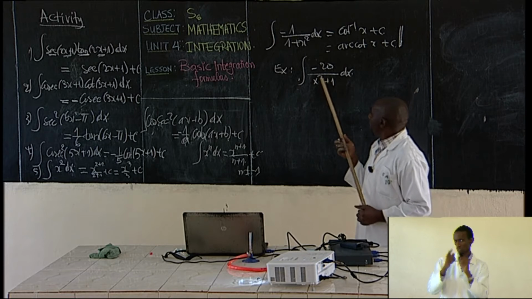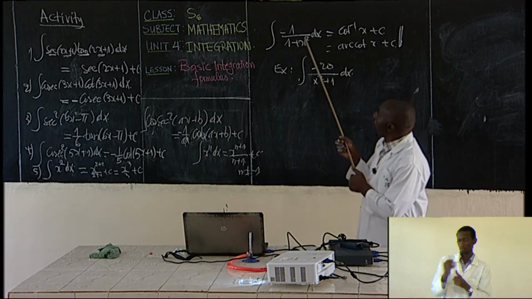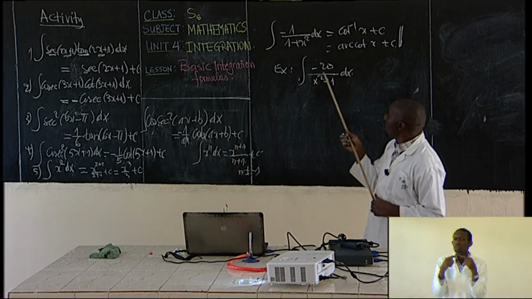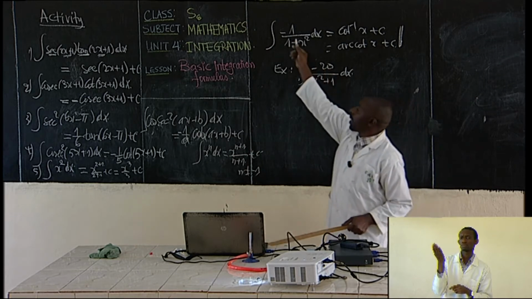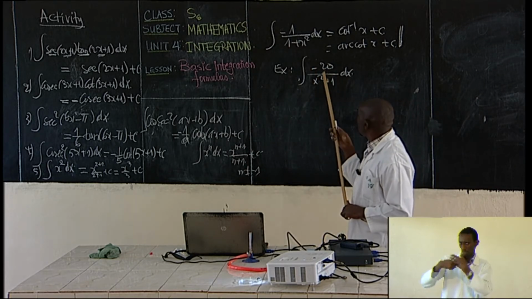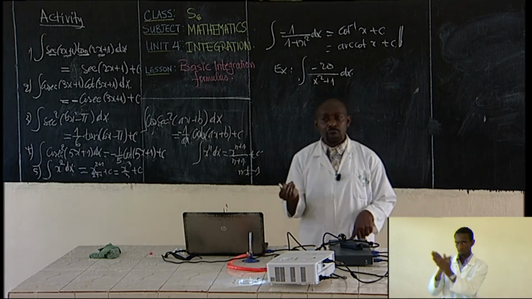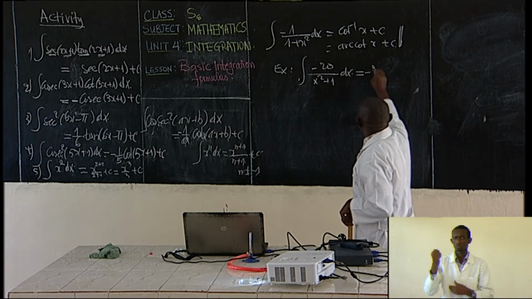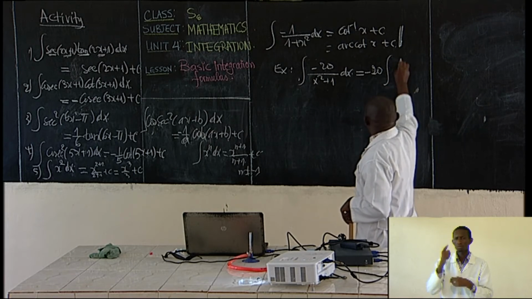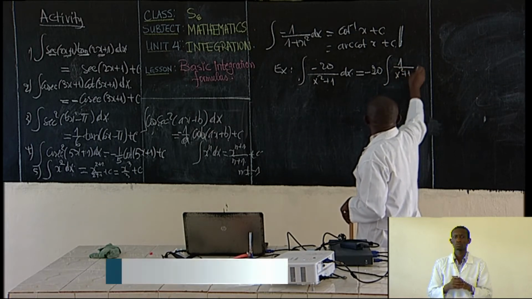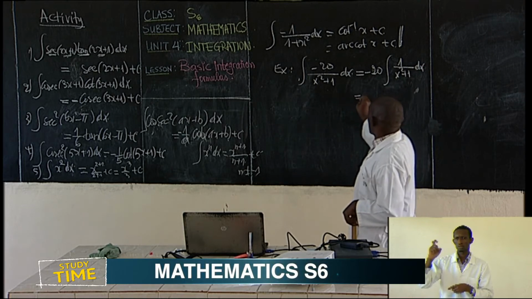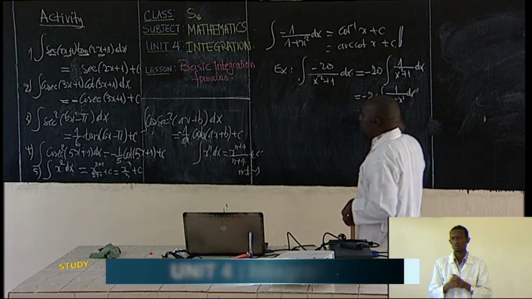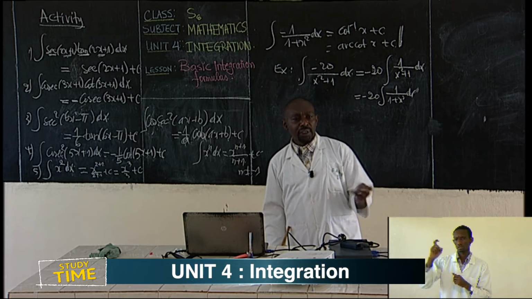If you observe this integral, the denominator is the same. The difference is only this minus 20 and the minus 1. And this is a constant. So applying the properties of integrals, I'm free to take minus 20 out because it is a constant, then the integral of 1 over x squared plus 1 dx, which is no different from minus 20 times the integral of 1 over 1 plus x squared dx, because you know addition is commutative.